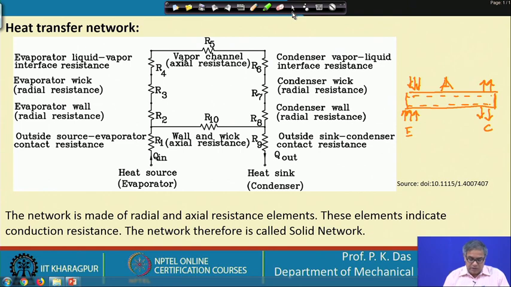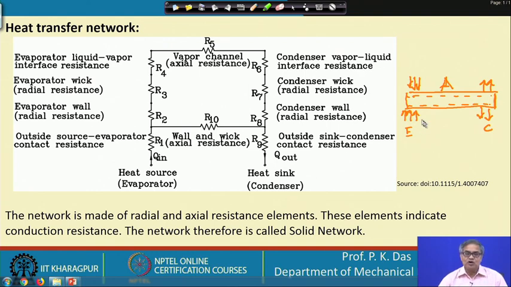With this, if we try to see, so here you see the heat source or evaporator. Basically, I am at this point, and then there will be some sort of a resistance, and then the heat will enter into the heat pipe.